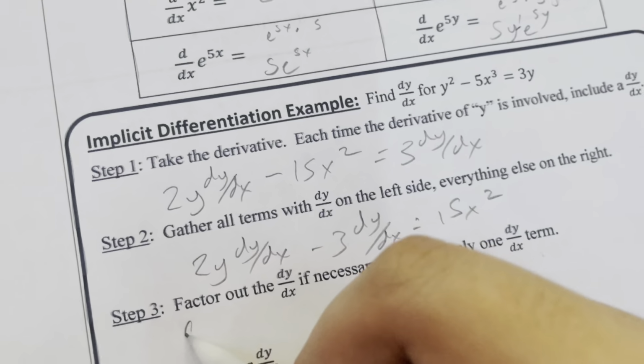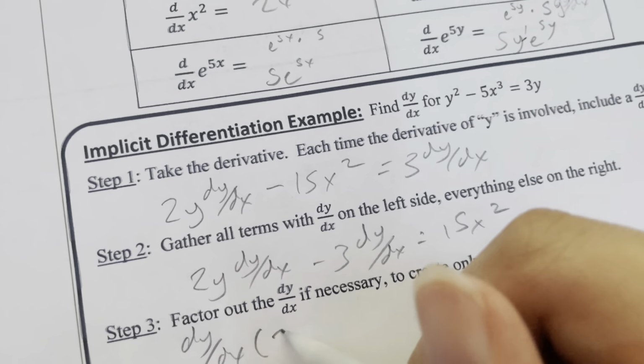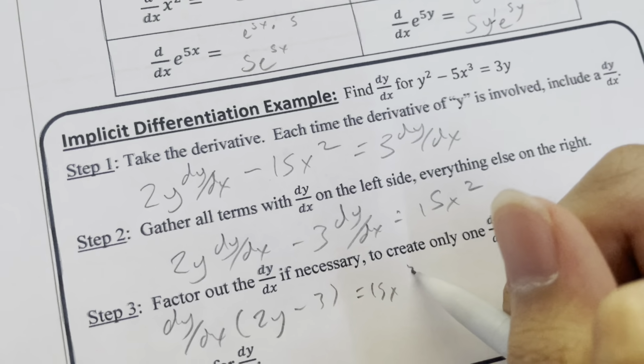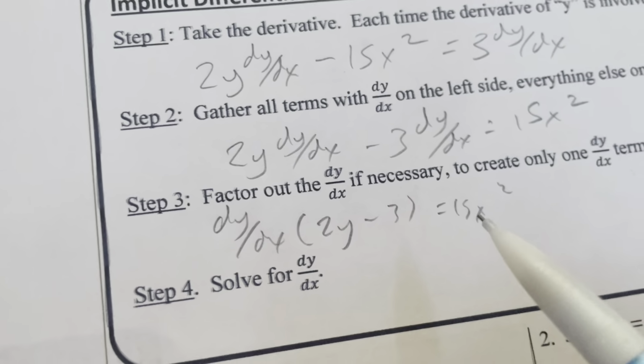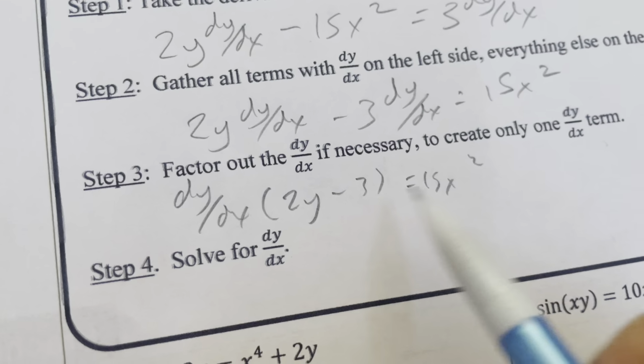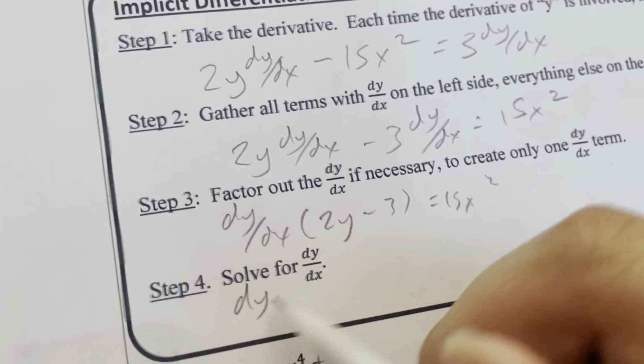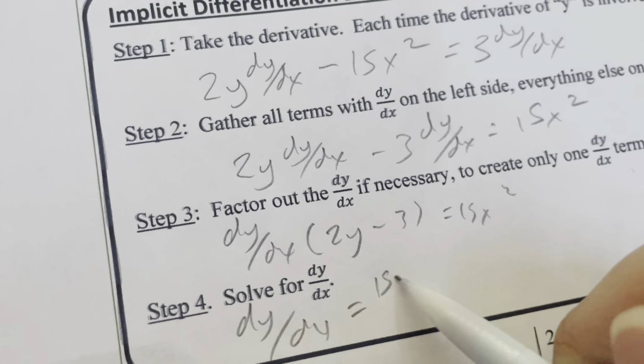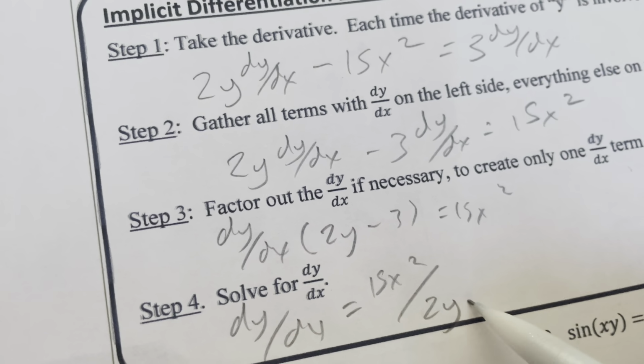So we can factor out dy dx, multiplied by 2y minus 3, equals 15x squared. Then solve for dy dx. So you divide on both sides, and dy dx equals 15x squared over 2y minus 3.